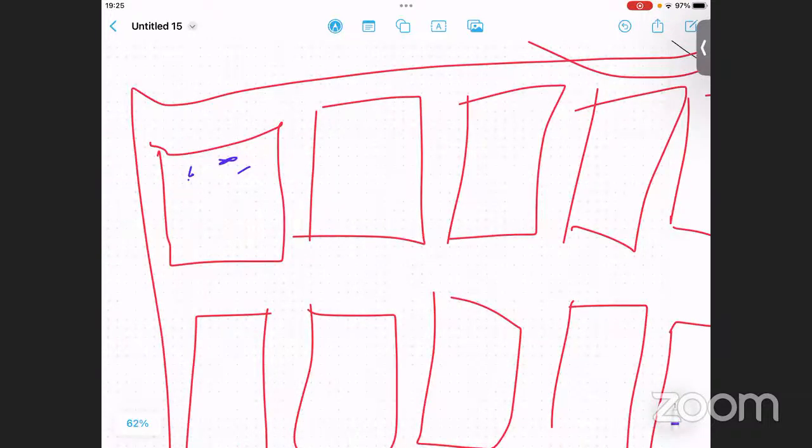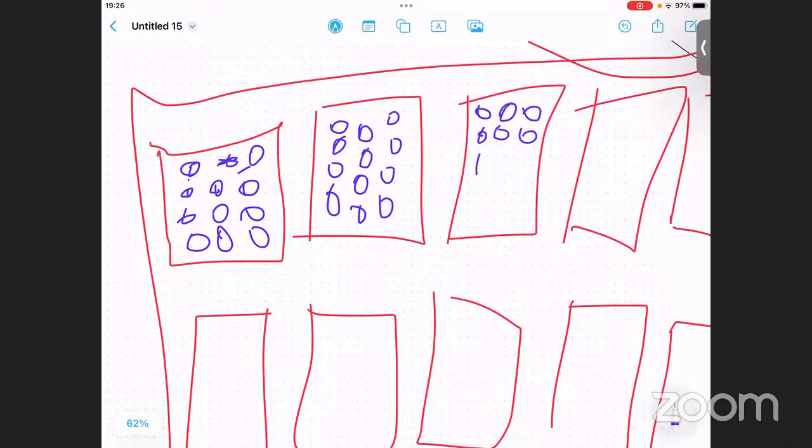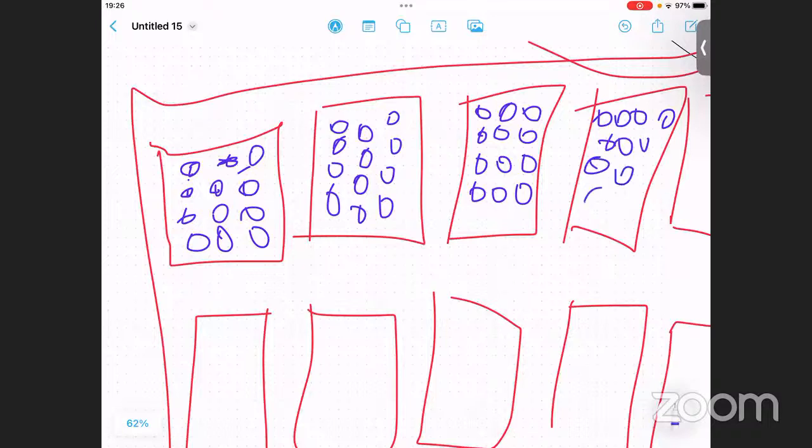Okay, let me try to zoom so I can count. 1, 2, 3, 4, 5, 6, 7, 8, 9, 10, 11, 12. These are the vaccines, ne, guys?